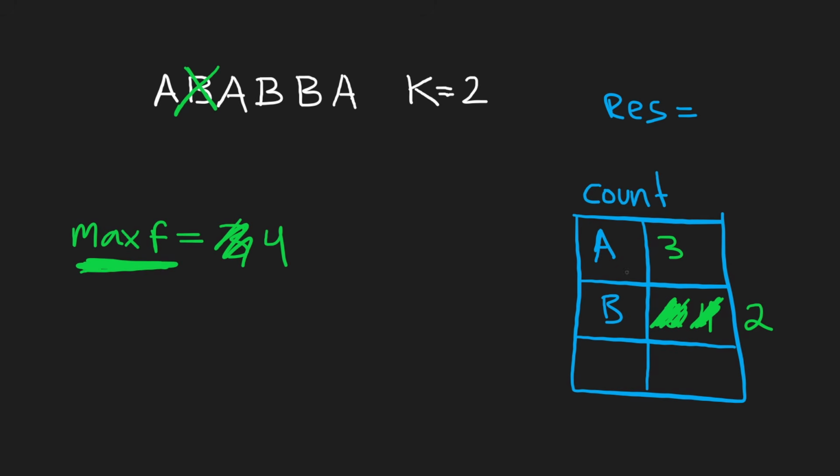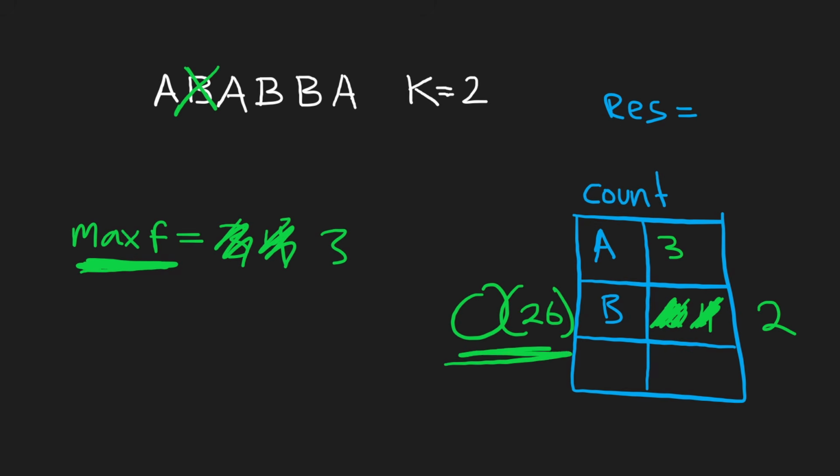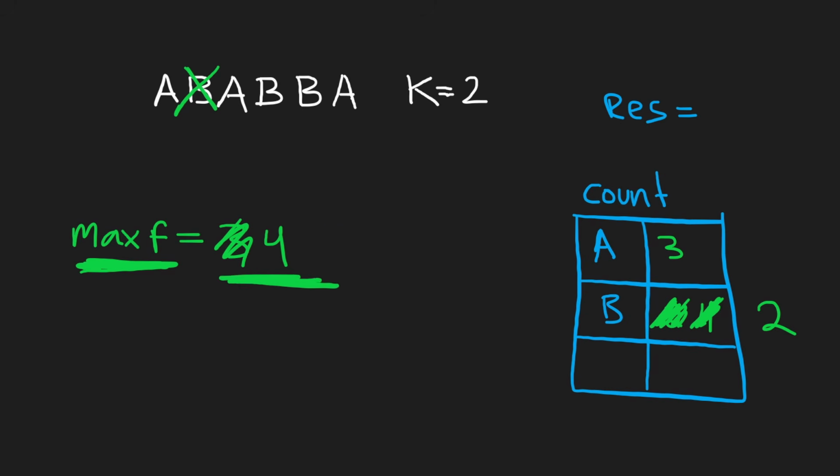Then we'd have to rescan this entire map and find the new most frequent character, so we'd downgrade max frequency from 4 to 3, for example. That would basically defeat the purpose, right? We'd still have to do that big O of 26 calculation to scan through this, but it's technically true that you don't have to decrement this max frequency.